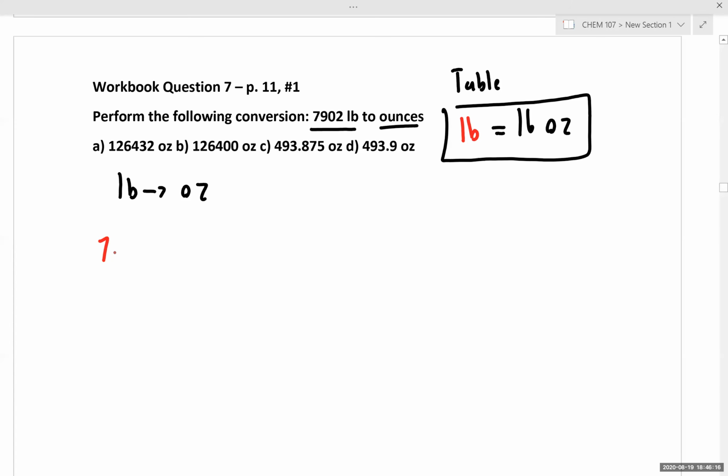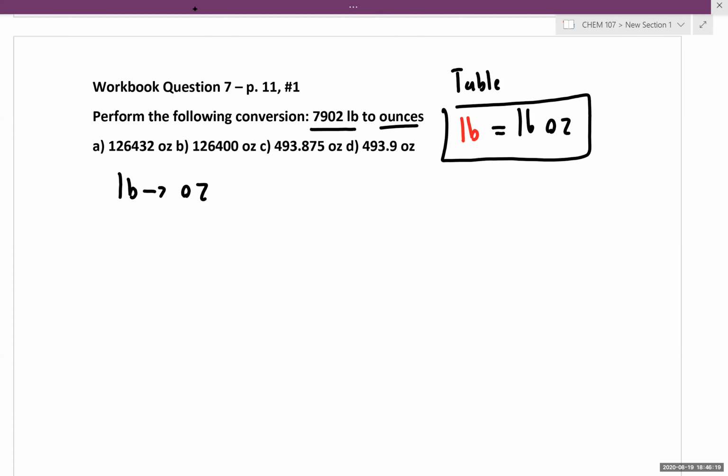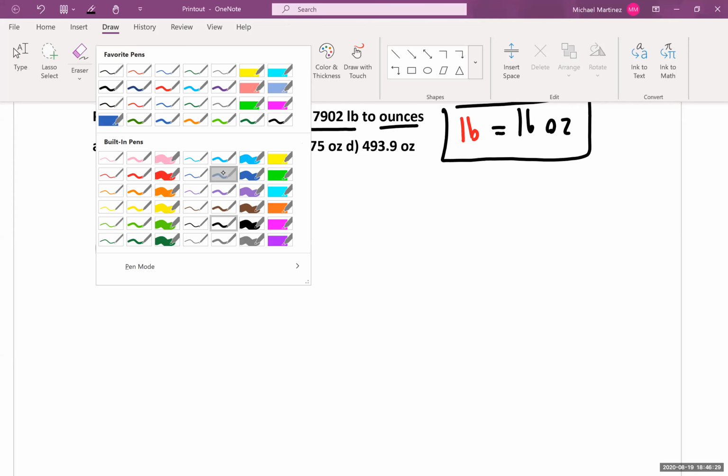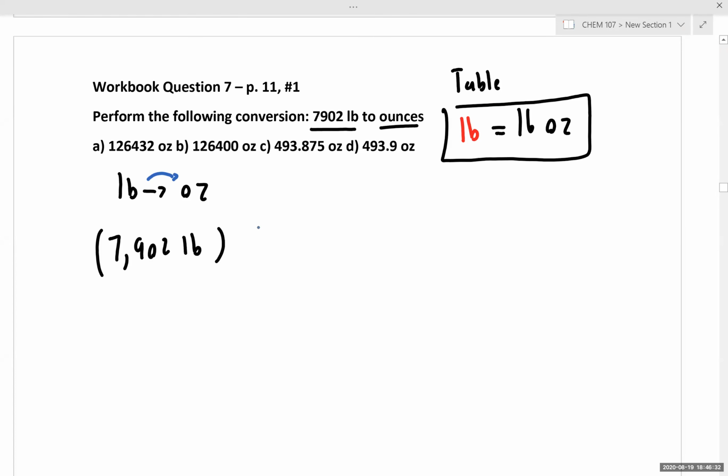So we're starting off with 7,902 pounds, and we're trying to go from pounds to ounces. So what units do we need to place on top? If we're going to ounces, we need to put ounces on top. So we have 16 ounces per every 1 pound.